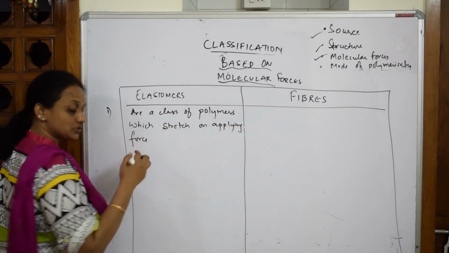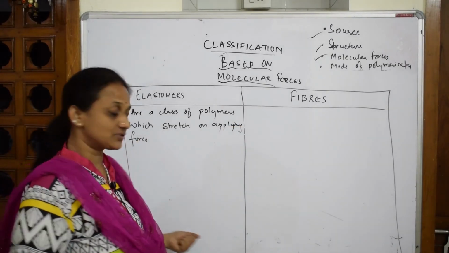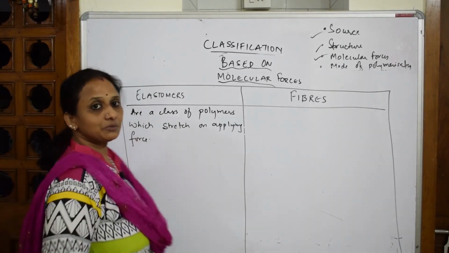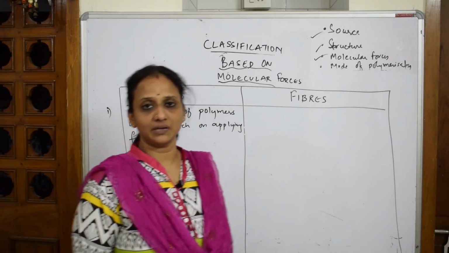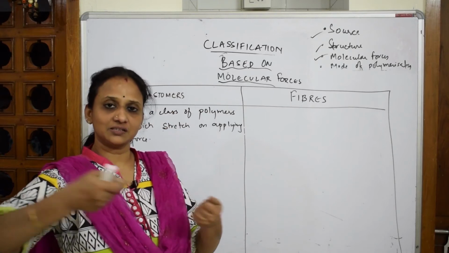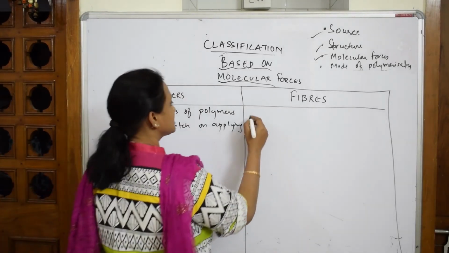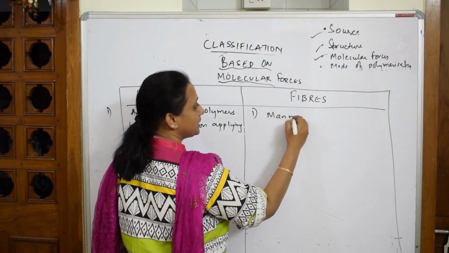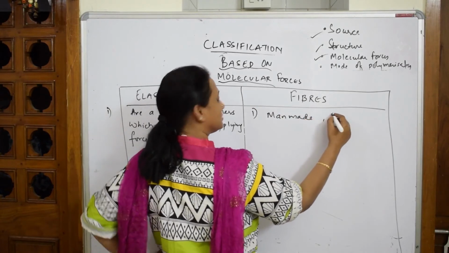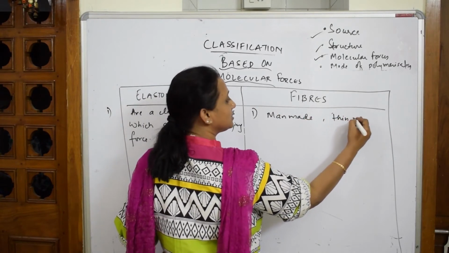Right? To how much? Up to 2 times the length they can stretch. Done. And when I speak about fibers, they are basically man-made. They are thin, thread-like forms. Let us write: these are also man-made, thin, thread-like.